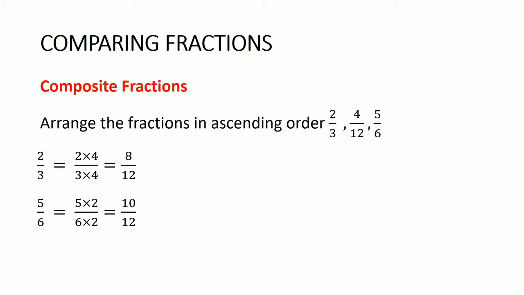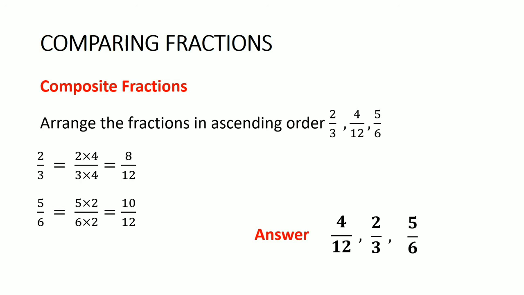Now that we have the same family of 12, we can compare the 3 fractions simply by looking at the numerator. So we can see in ascending order, we would have 4/12, followed by 2/3, followed by 5/6.